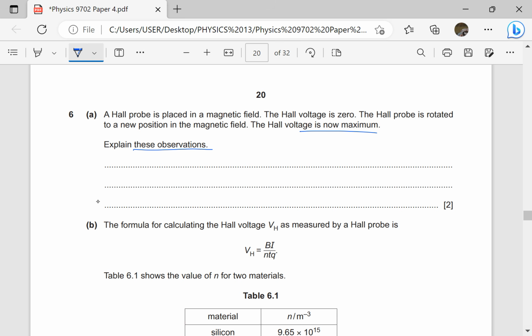Number 1, the reading is 0 when the plane of the probe is parallel to the magnetic field.